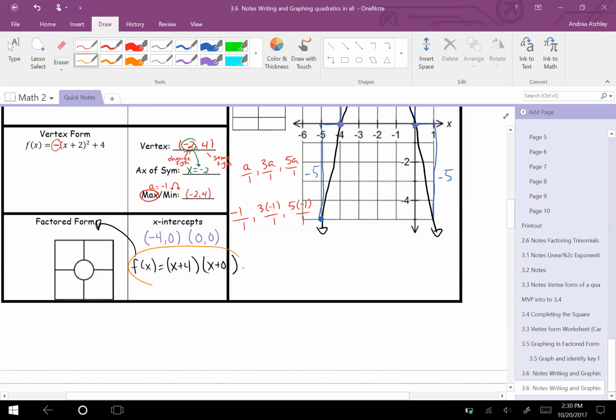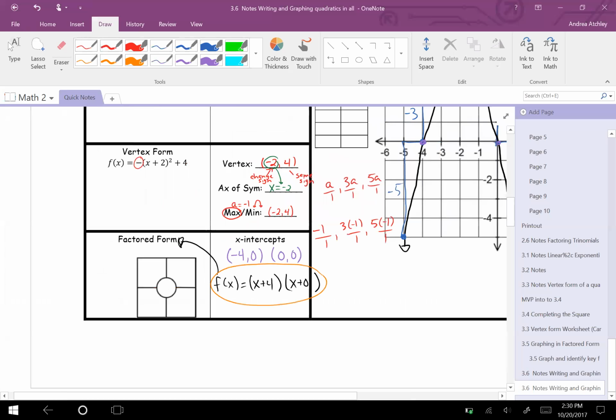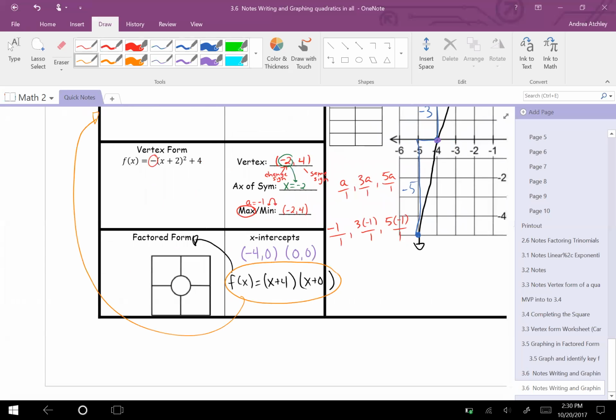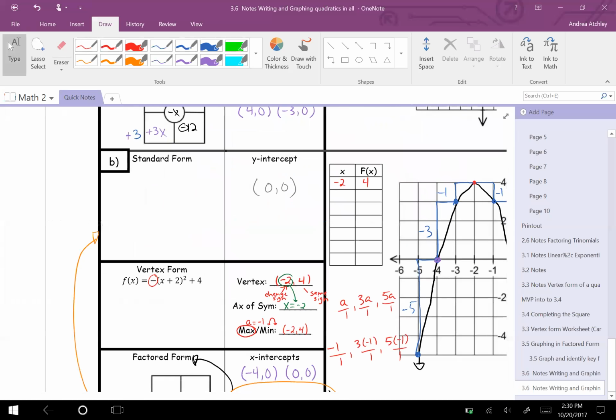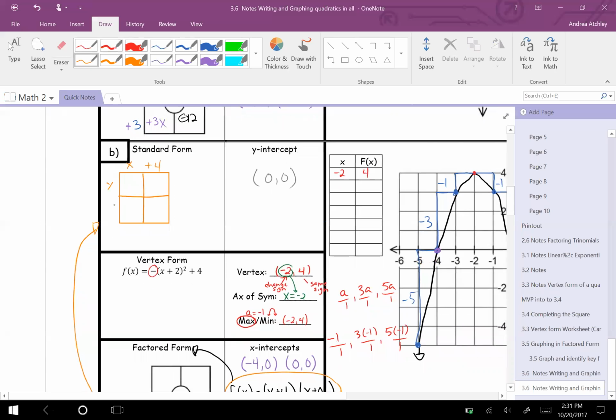I can take this all right here, move it up here, and multiply it, right? Find the area of that square, or that rectangle in this case. So I have x plus 4, and then x plus 0.